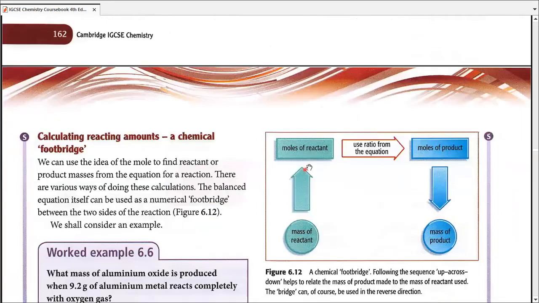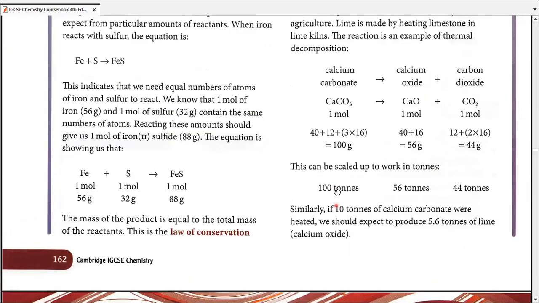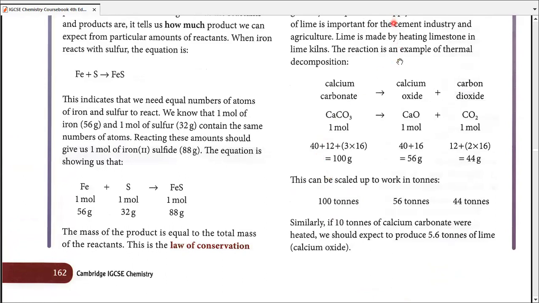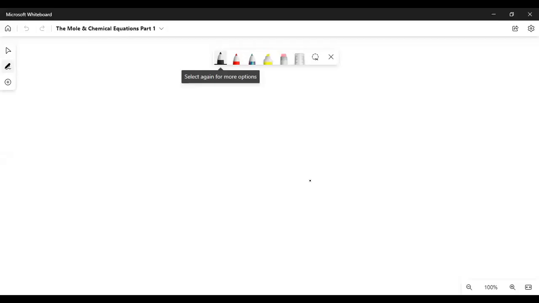So we can move on to some whiteboard work. What I'm going to do is open up the whiteboard, and since we are doing mole and chemical equations, we're going to go with that.